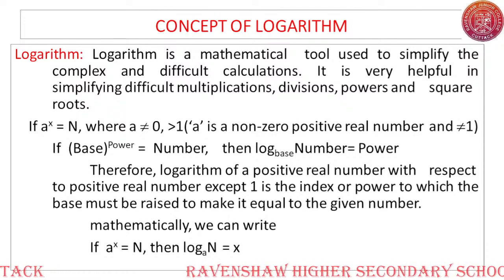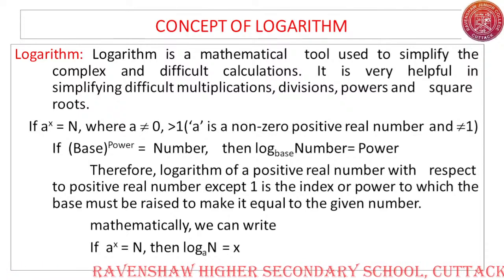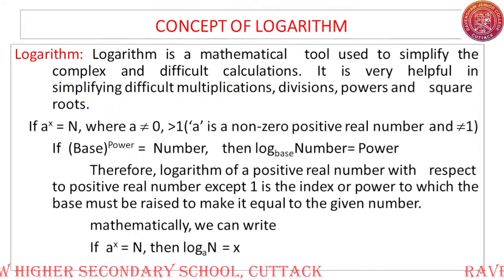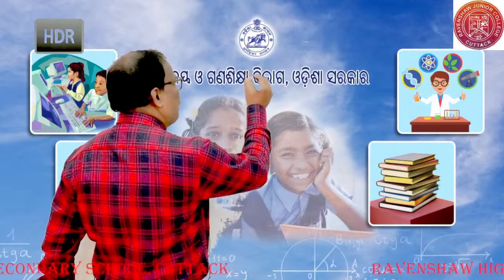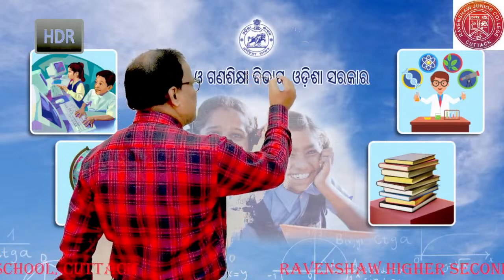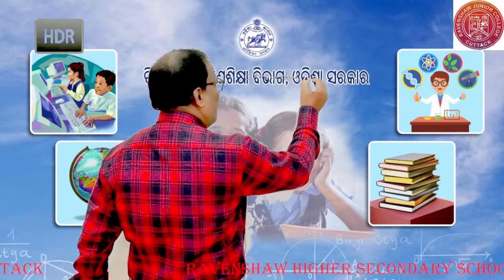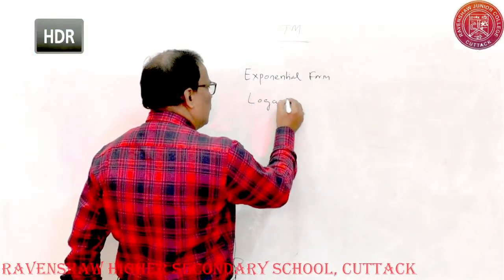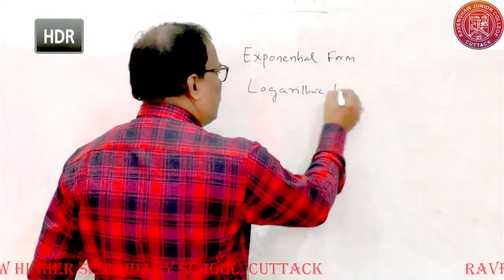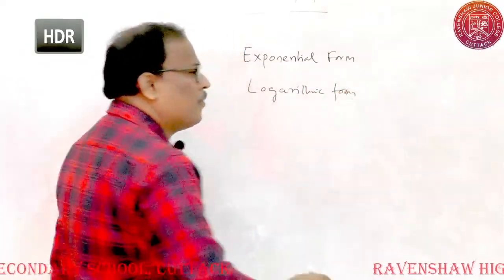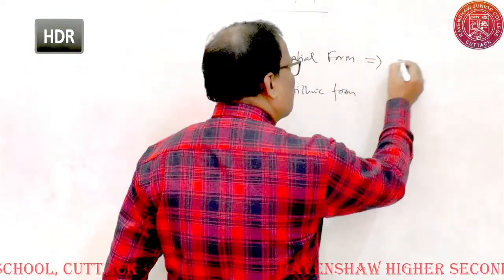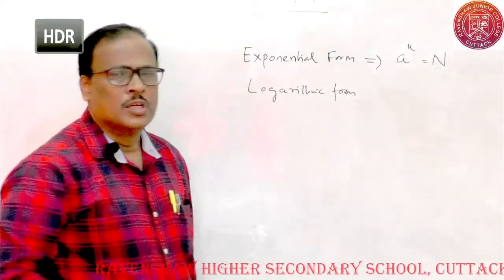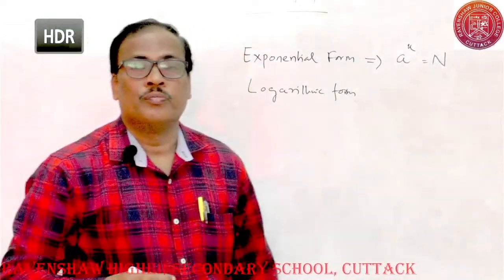Now we have to discuss the forms of a number. There are two forms. One is the exponential form, and another one is the logarithmic form. If a to the power x is equal to n, this is called the exponential form.